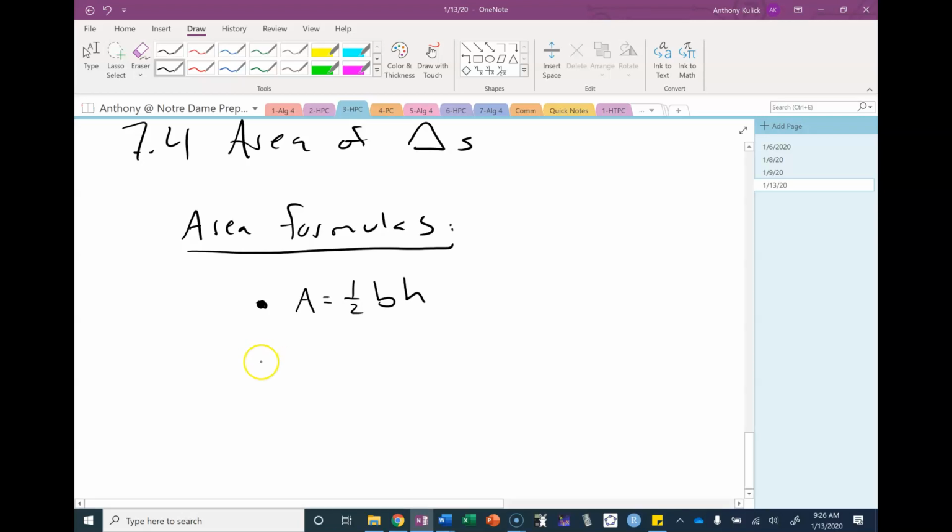So we're going to be presented with two formulas today, neither one of which requires the use of the height. The first formula is 1/2 BC sine A.